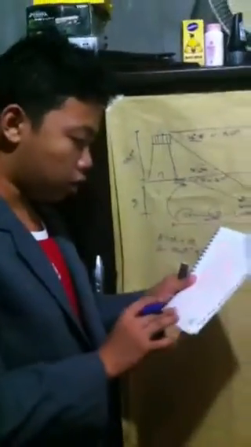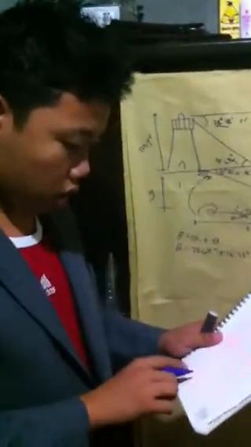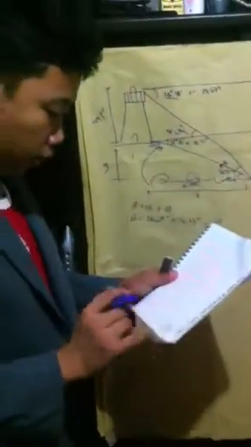In order to get the x, which is the width of the river, we can use tangent theta is equals to y over x. We all know that's opposite over adjacent, so we can use y over x.